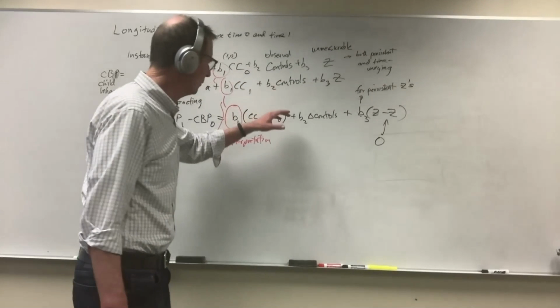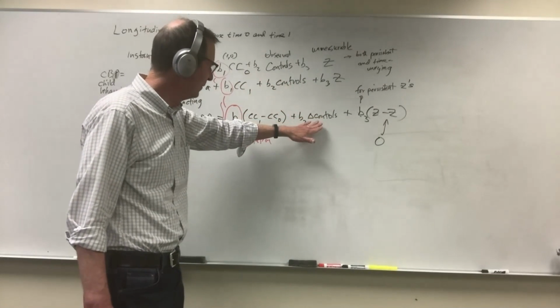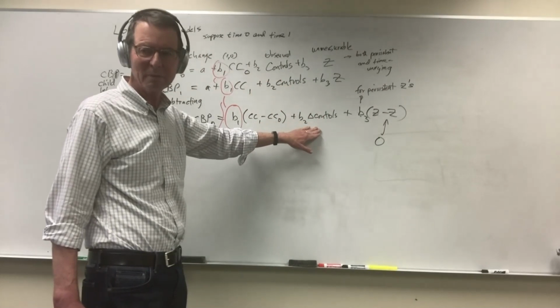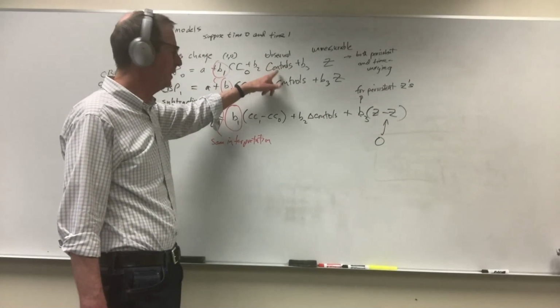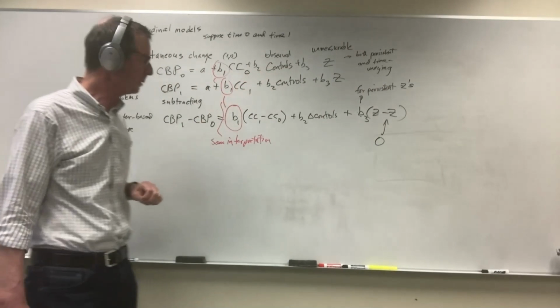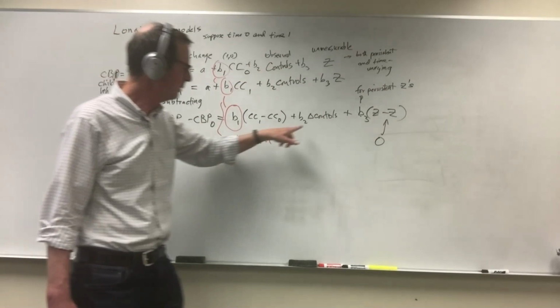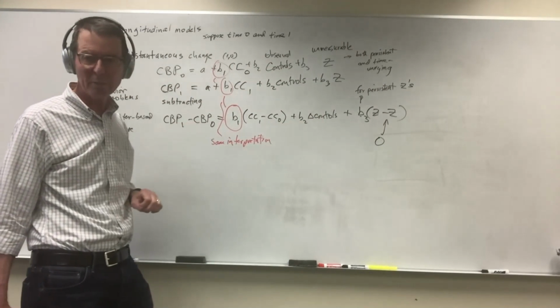Well, for control variables, if they're not changing, then they drop out too, right? Okay. But let's say we've got income as a control variable. Family income fluctuates to some extent. So what would go in here would be the change in income between time 0 and time 1.